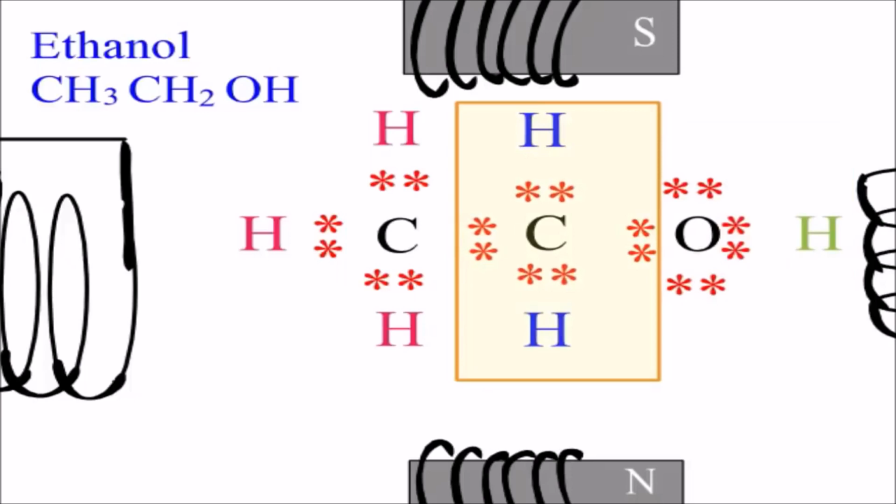So in this animation, I'm pulling the electrons in even closer to that carbon than would normally be the case if that oxygen wasn't present. So it has a knock-on effect on those hydrogens or protons coloured blue. They will be de-shielded more as a result.